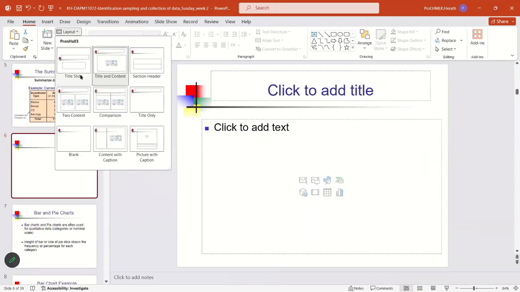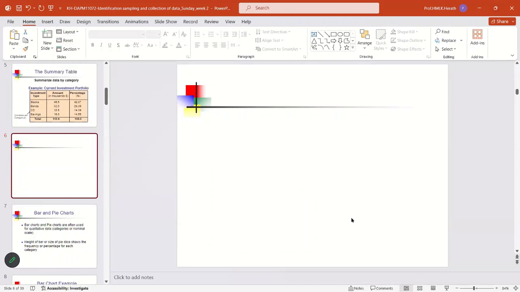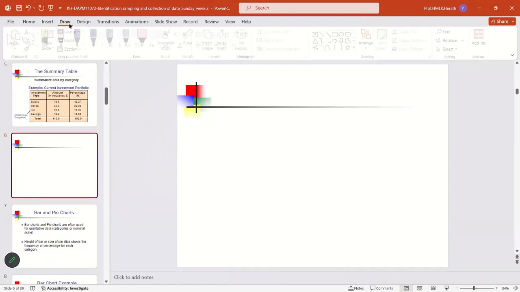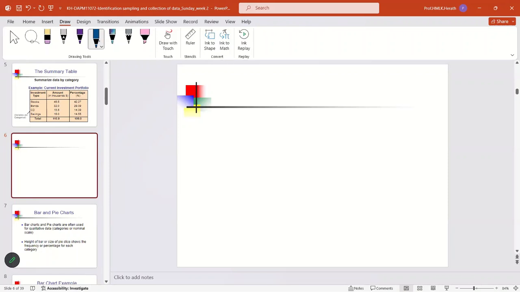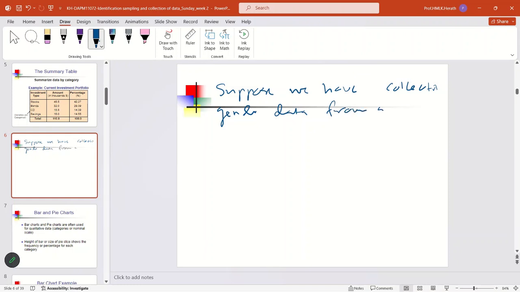Okay. Suppose we have collected gender data from a work community.